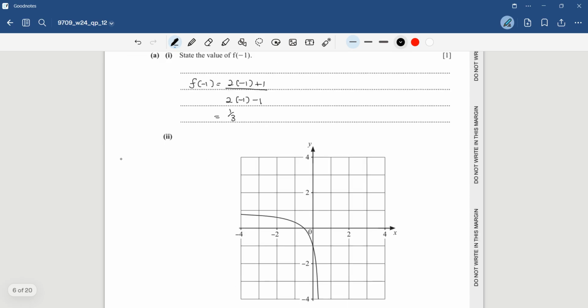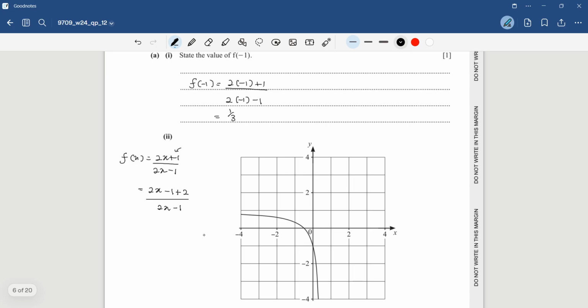My f(x) equal to 2x plus 1 over 2x minus 1, correct? So what I'm going to do here is break this constant into minus 1 plus 2. So 2x minus 1 plus 2 over 2x minus 1.